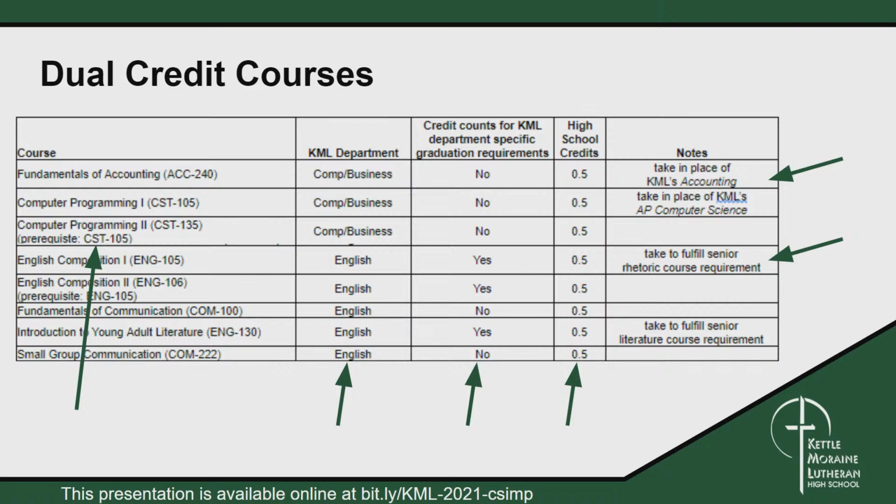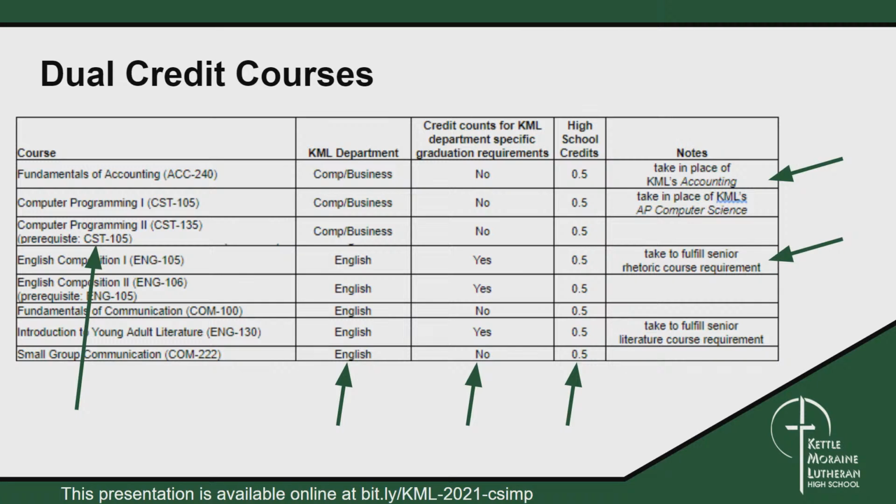So for example, up at the top, fundamentals accounting, it is in the computer business department. It does not count towards graduation requirements because in that department, the only requirement is the basic keyboarding class that the kids take as freshmen. So this would not work to fulfill that requirement because those students have already fulfilled that requirement.